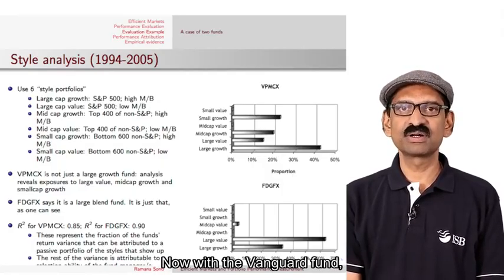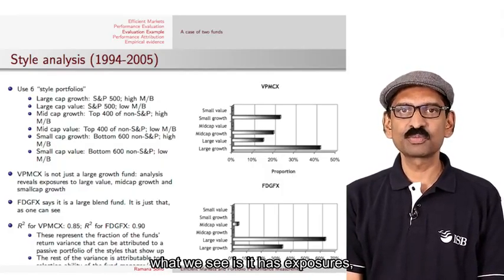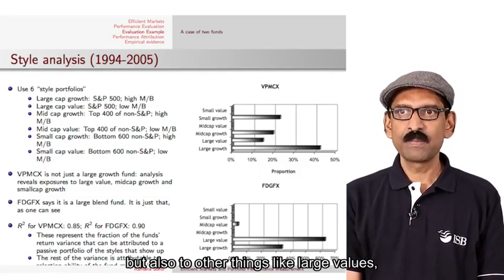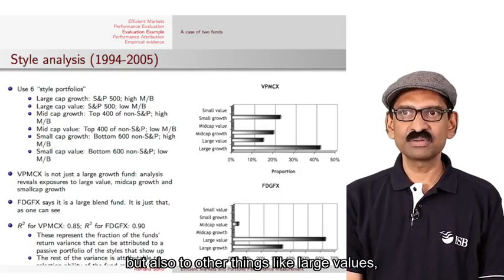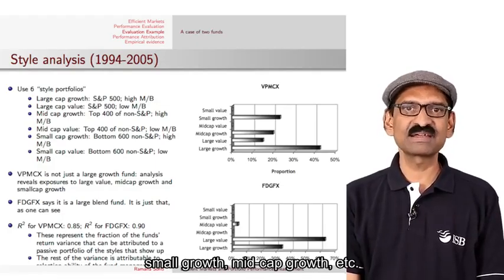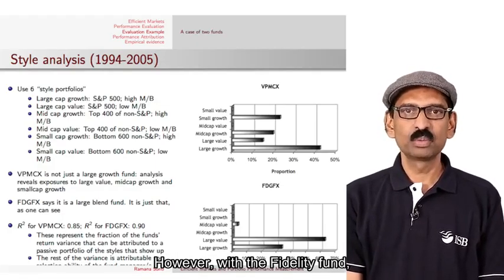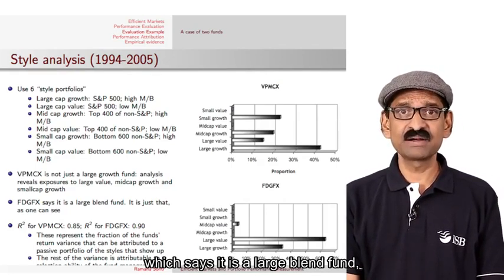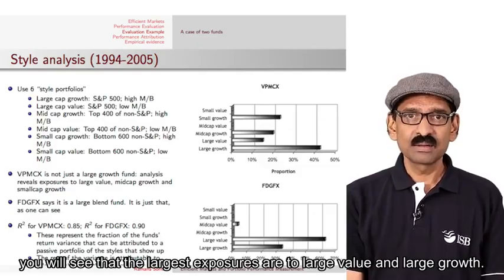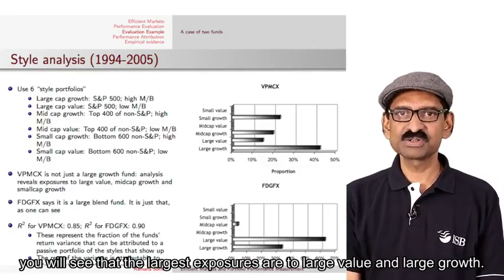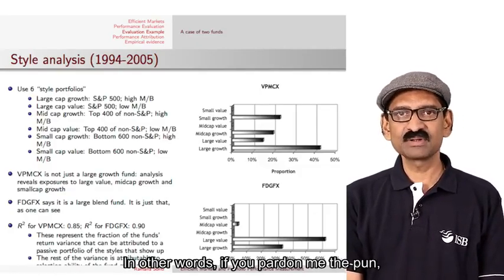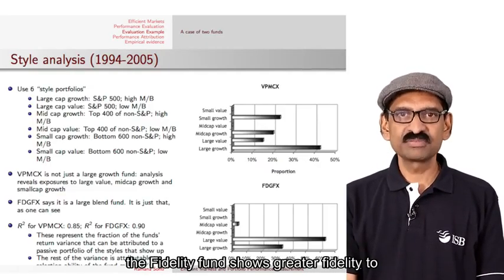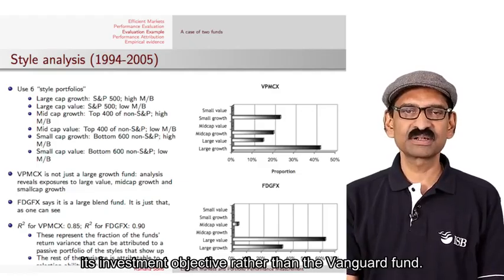Now with the Vanguard fund, what we see is it has exposures not just to large growth as it purports to be, but also to other things like large value, small growth, mid-cap growth, etc. However, with the Fidelity fund, which says it is a large blend fund, you will see that the largest exposures are to large value and large growth. In other words, if you pardon me the pun, the Fidelity fund shows greater fidelity to its investment objective rather than the Vanguard fund.